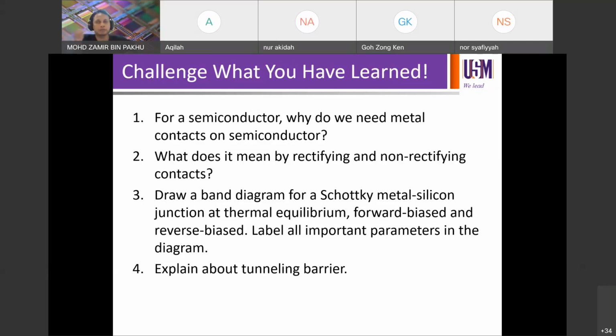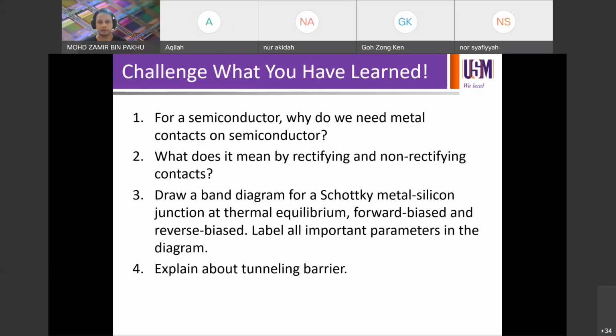For example, if you want to increase conductivity in the semiconductor by using metal, then you have to anneal the junction of the metal semiconductor at a high temperature in order to induce diffusion of the metals into the semiconductor in order to form a better contact. In that case, you will increase the conductivity of the semiconductor. But if you leave your explanation only to increase conductivity, it doesn't make sense just yet, right? So it requires further elaboration, okay?